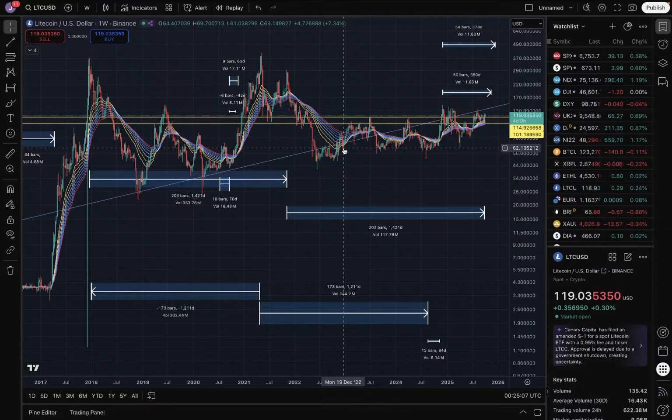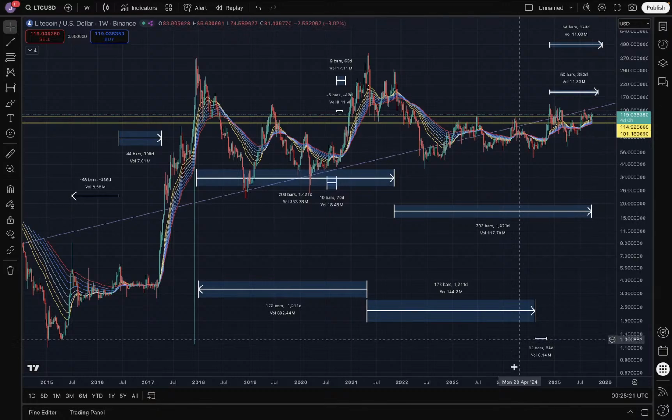And we can expect high volatility after this line. And obviously we have high volatility. In this case, it might work for a bull market.